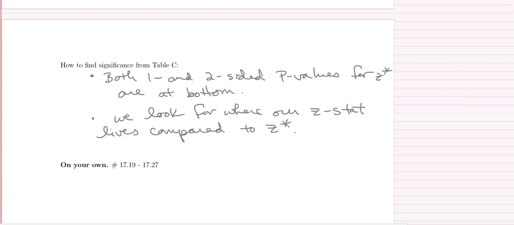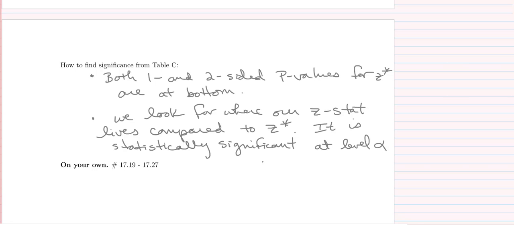But when we're talking about tests of significance, we can use z-star to determine where our z-statistic lives, and then that means our p-value is statistically significant at the level alpha, which is to the left. Remember, because the values in the table get larger from left to right.